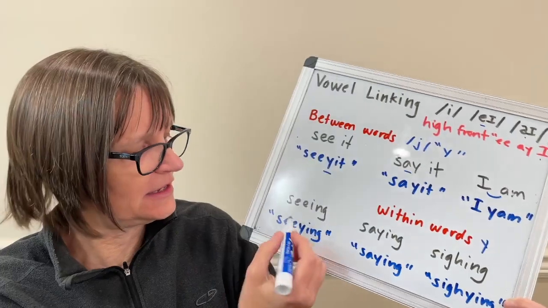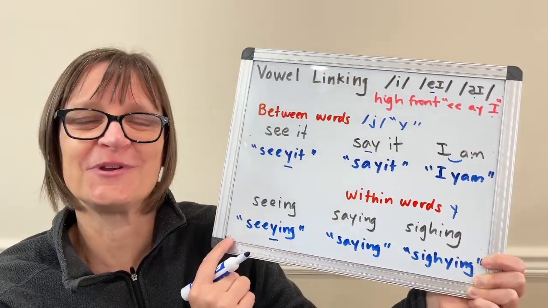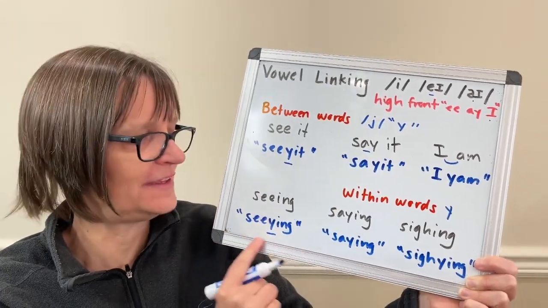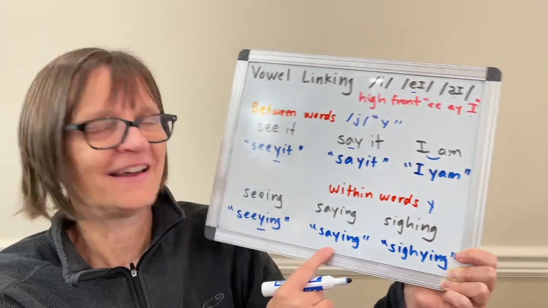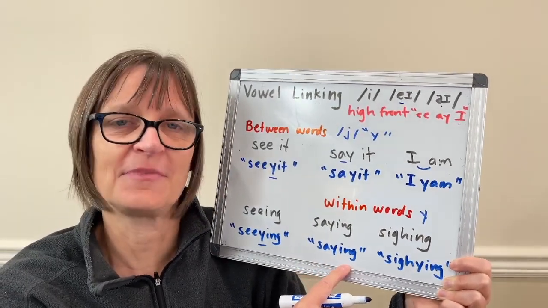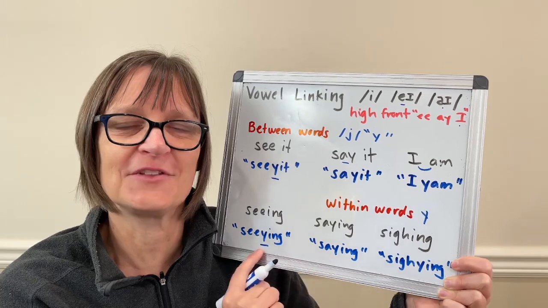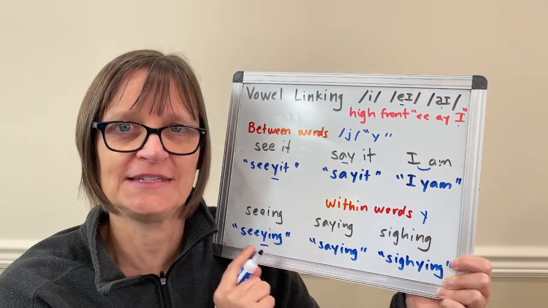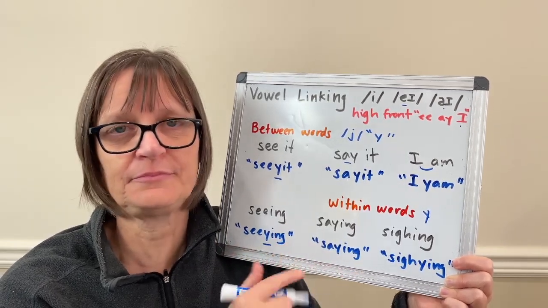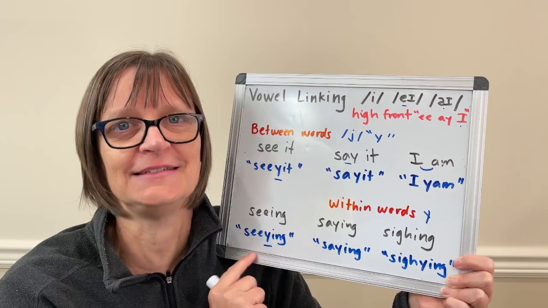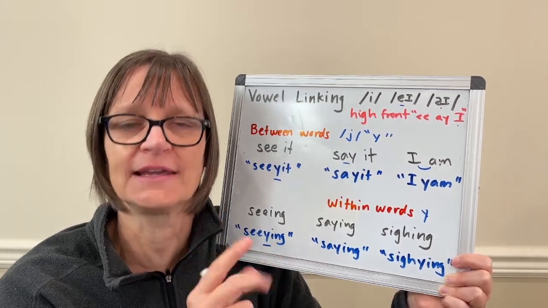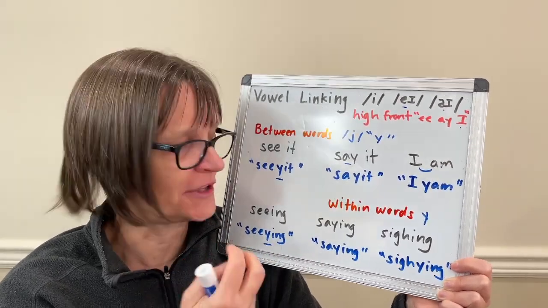That gliding y just happens naturally between the E and the I of the ing. Again, in saying, same thing. Here we do spell it with a Y, so you might just try to think of these sounds as having a similar ending, seeing, saying. You don't need a strong y in seeing. It should just happen naturally for you.